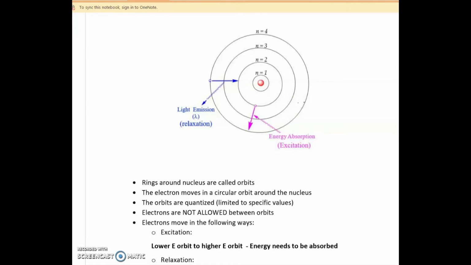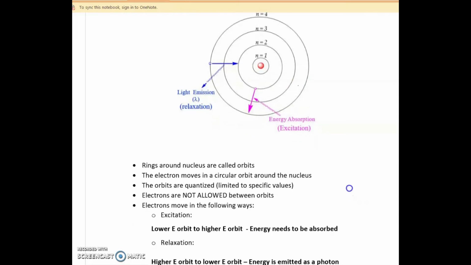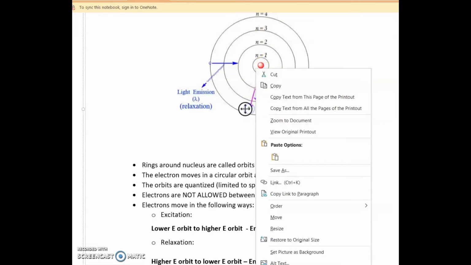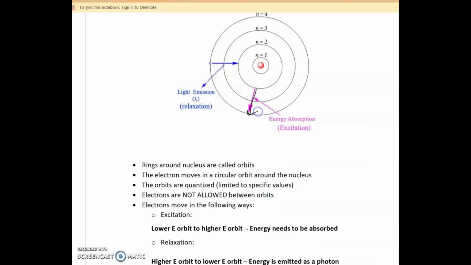Electrons can move in a couple of different ways. If we look at our orbits, it's n equals 1, 2, 3, 4. If you go from a lower energy orbit to a higher energy orbit, that's called excitation. You need energy to do that, so energy is absorbed.